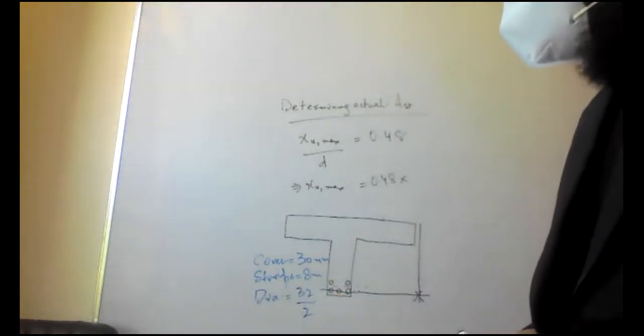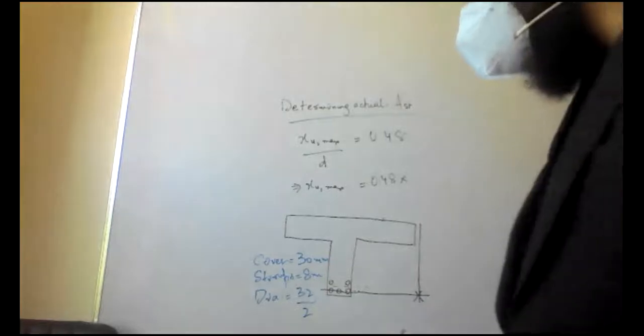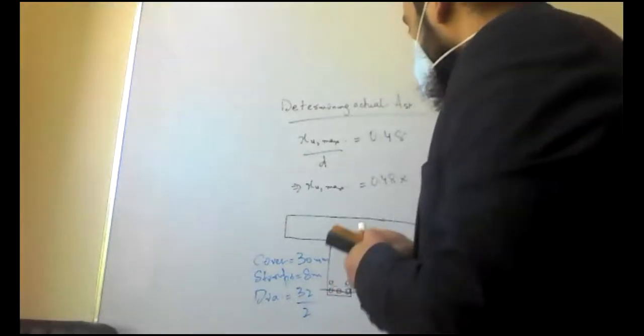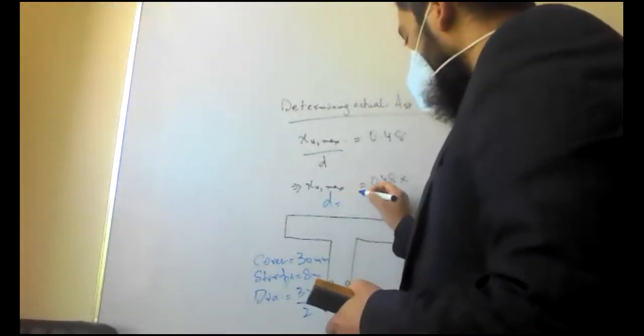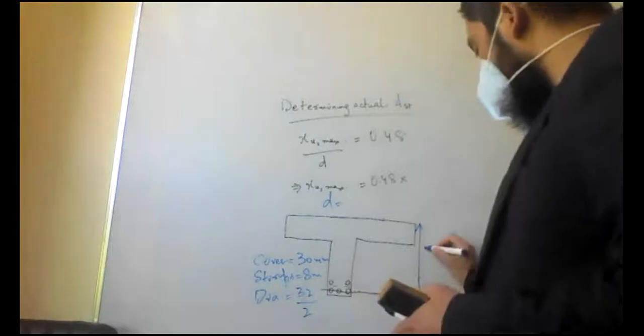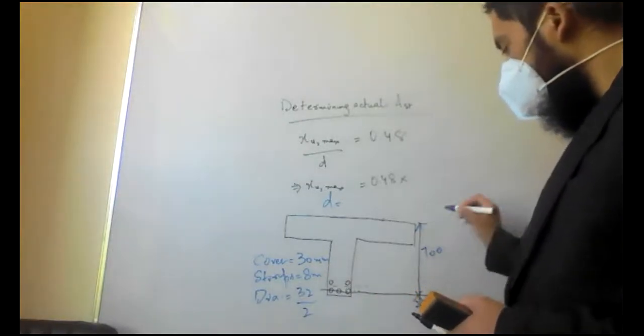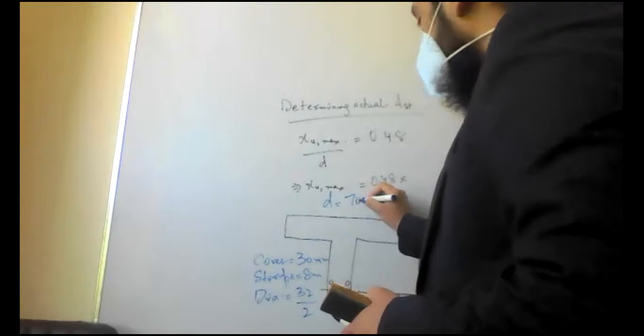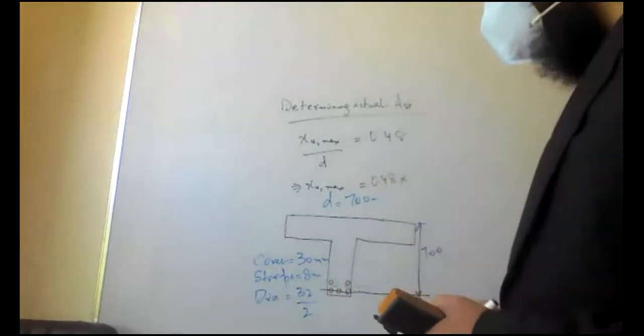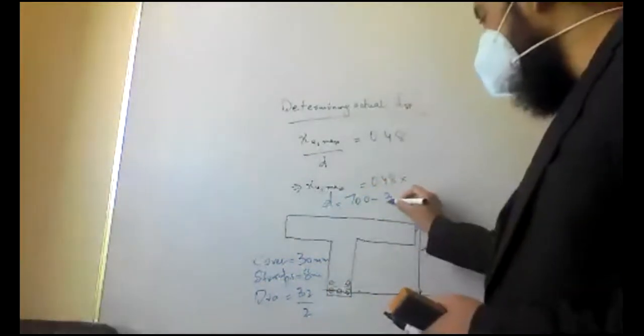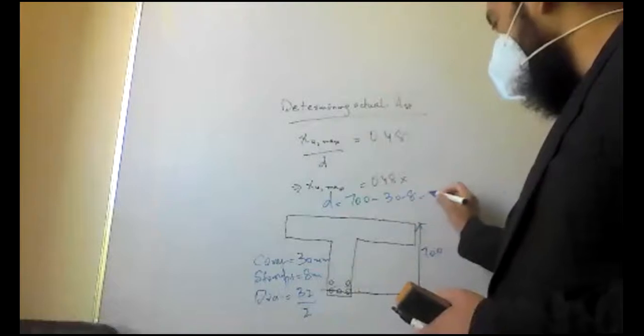So what would be D? Now let me write it here. D would be, this total was 700 till this point. So overall depth was 700, so it would be minus 30 minus 8 minus 32 by 2.